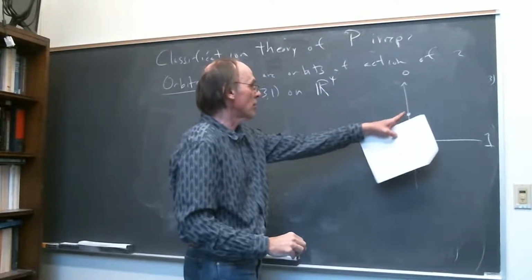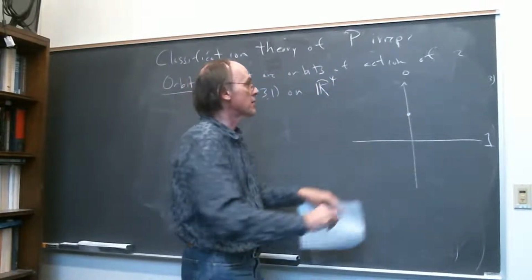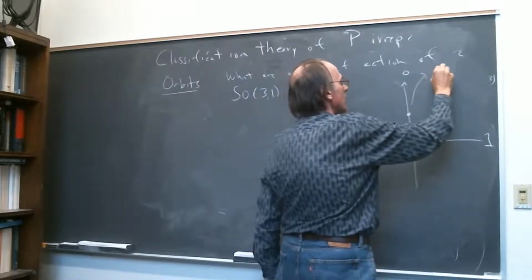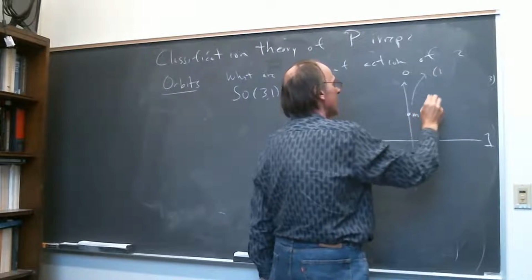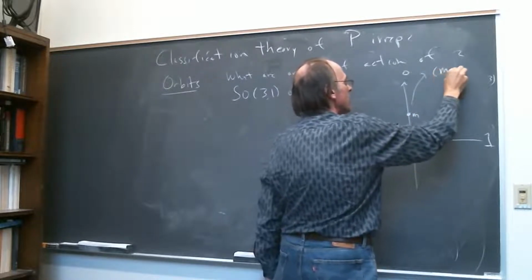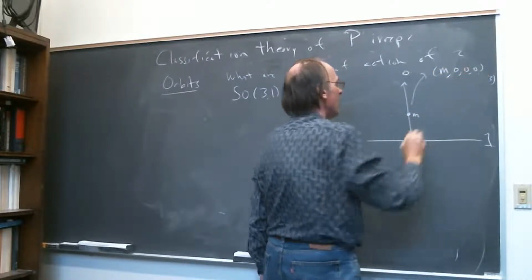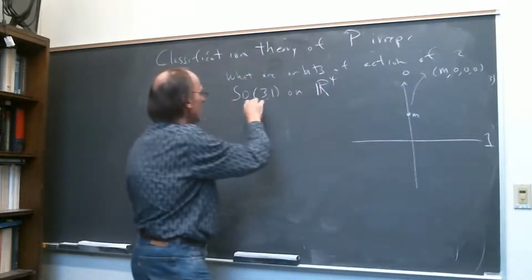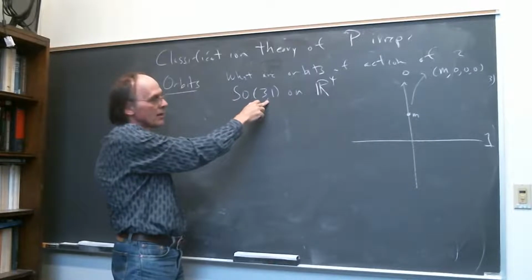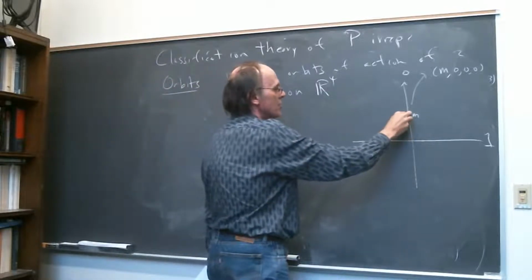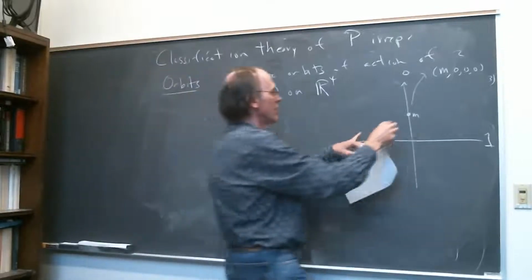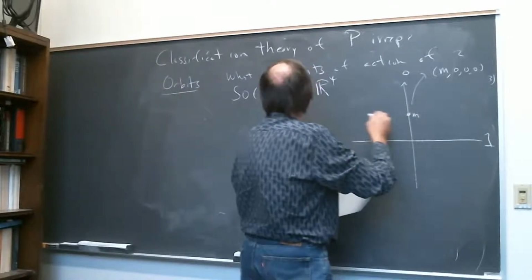Okay, so now if you start out with a vector here, this vector is going to correspond to, let me call it, M, 0, 0, 0. Now if I act with this, it's going to be the action by boosts.